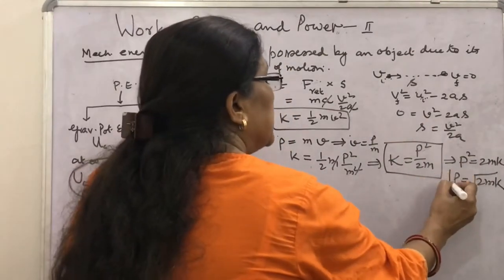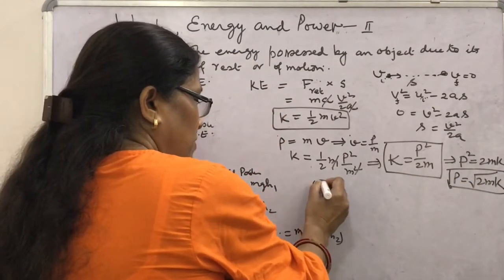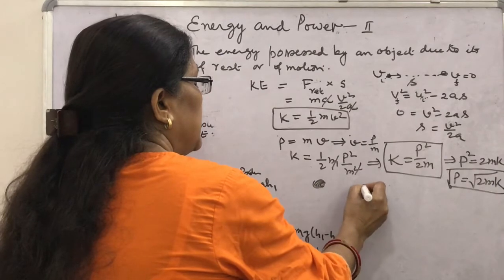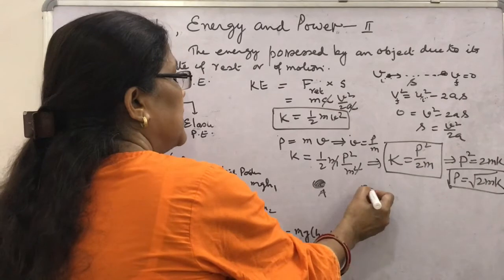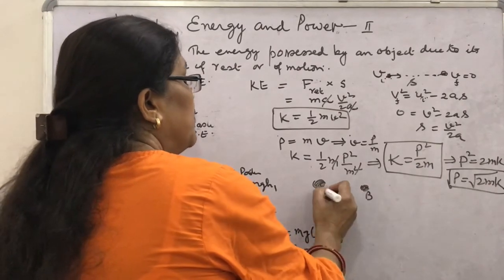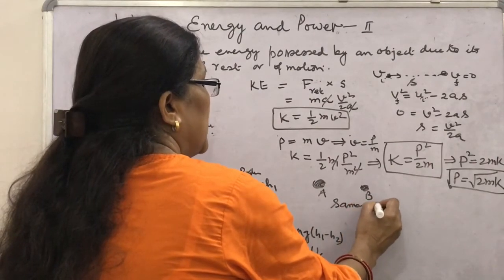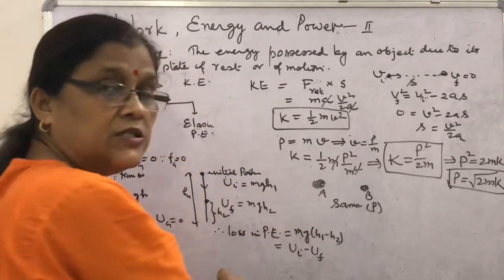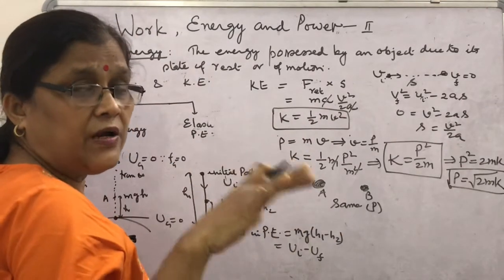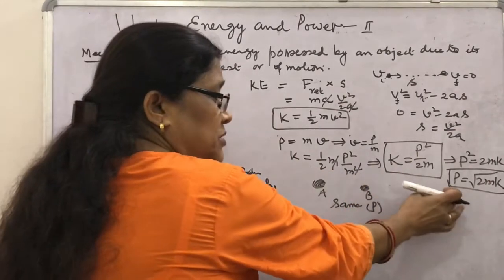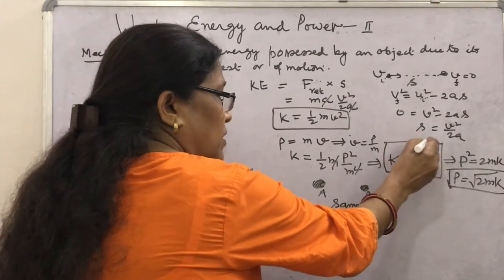Now, in these expressions, you can find that if a heavy object and a lighter object, suppose this is A and this is B, its mass is more than this. So, if both have same momentum, suppose both have same P, whose kinetic energy will be more? This question is asked. Don't be scared of this question. Use these two relations. Same P, that means P is constant.